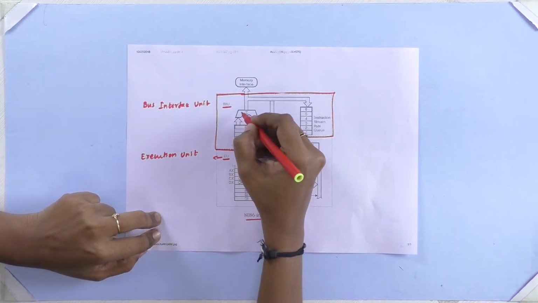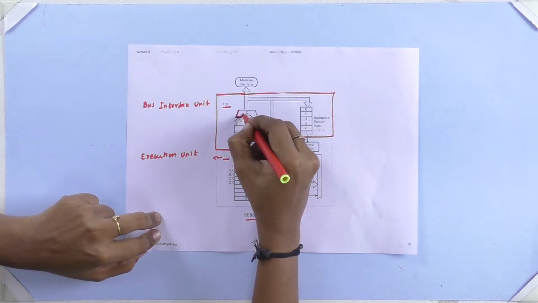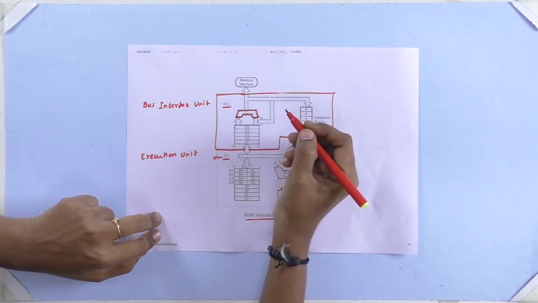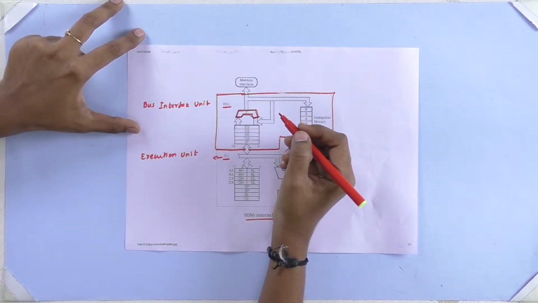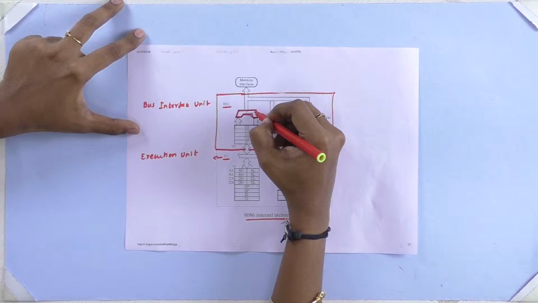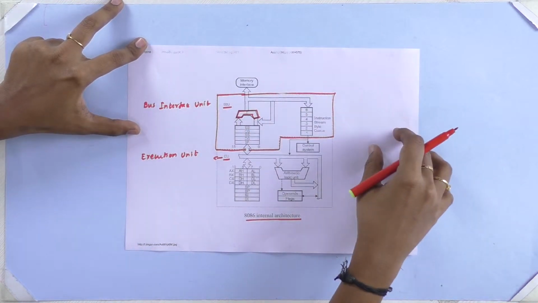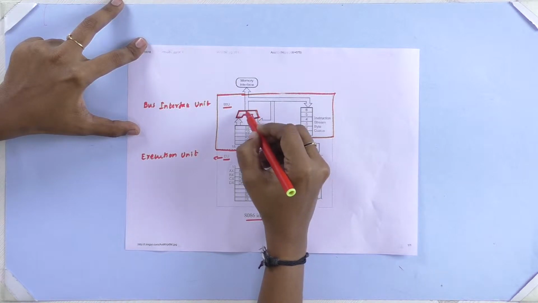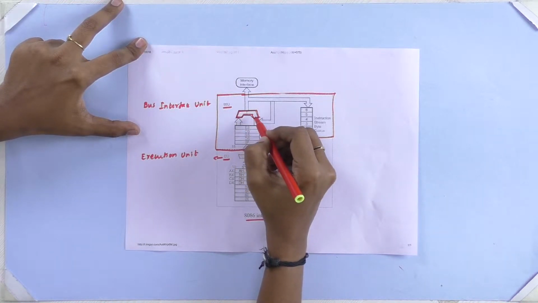It consists of an adder that is used to convert the logical address into physical address, which we will be discussing. So, this adder is responsible for converting logical address into physical address.